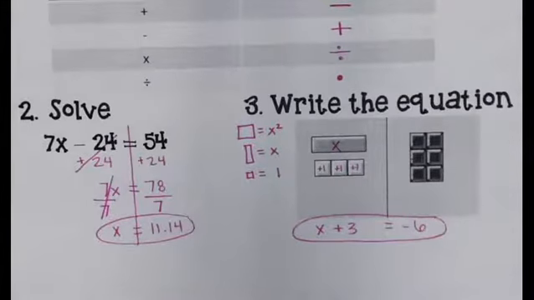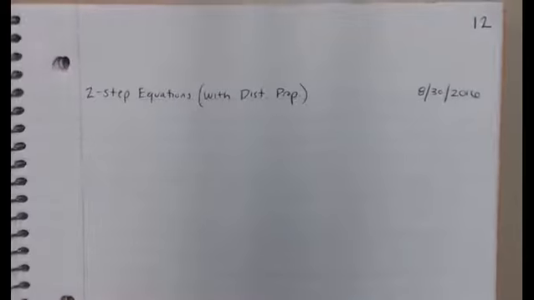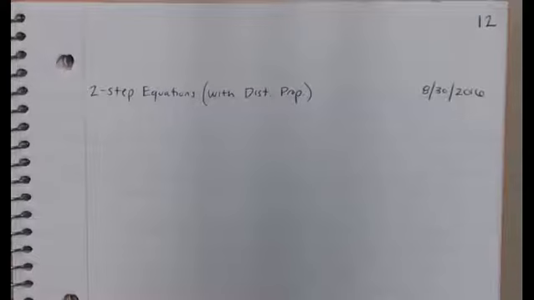Again, we're going to talk more about using these algebra tiles with two-step equations today. So let's go after it right now. On the next page of your journal, let's go ahead and head that. This is my page 12. Today we're going to do two-step equations with the distributive property.